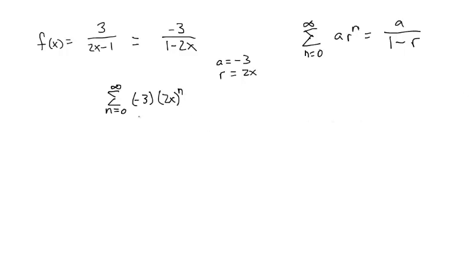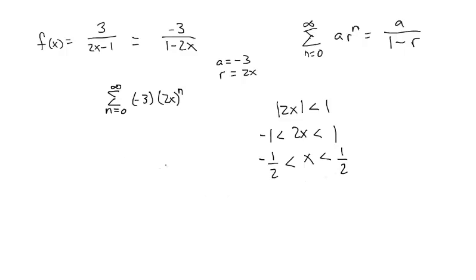And now if we want to find the interval of convergence, remember that the absolute value of 2x has to be less than 1, so negative 1 is less than 2x is less than 1, and now we divide by 2, so we have negative 1/2 is less than x is less than 1/2.